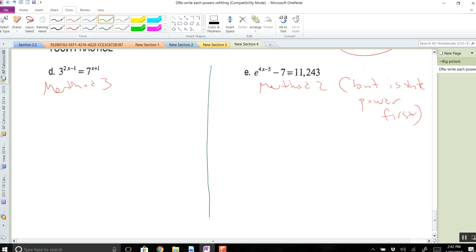Oh yeah, you will need a calculator, by the way. But you can share with a neighbor if you want, just see what a neighbor gets.